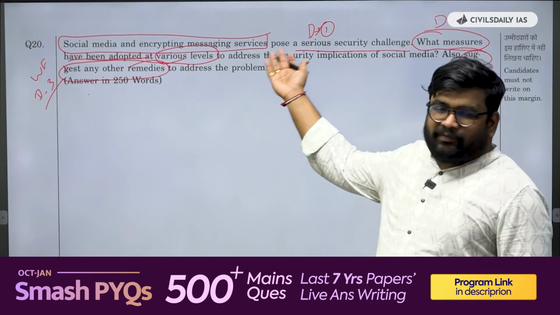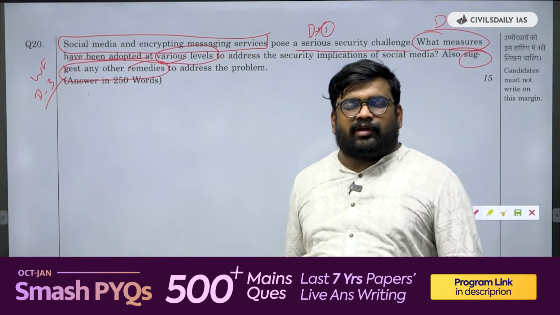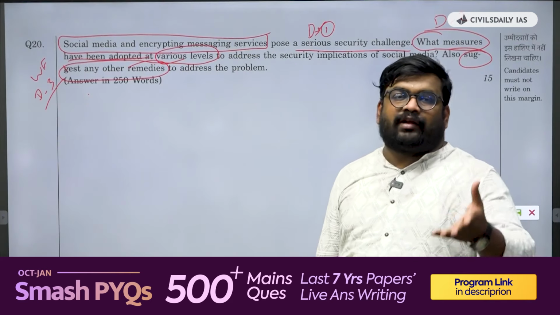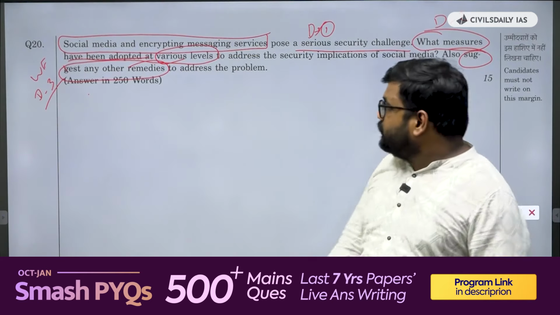Okay? So it is a 15 marker question, and in a 15 marker question you generally have 3 demands. That means you have to address each demand in 1 page.